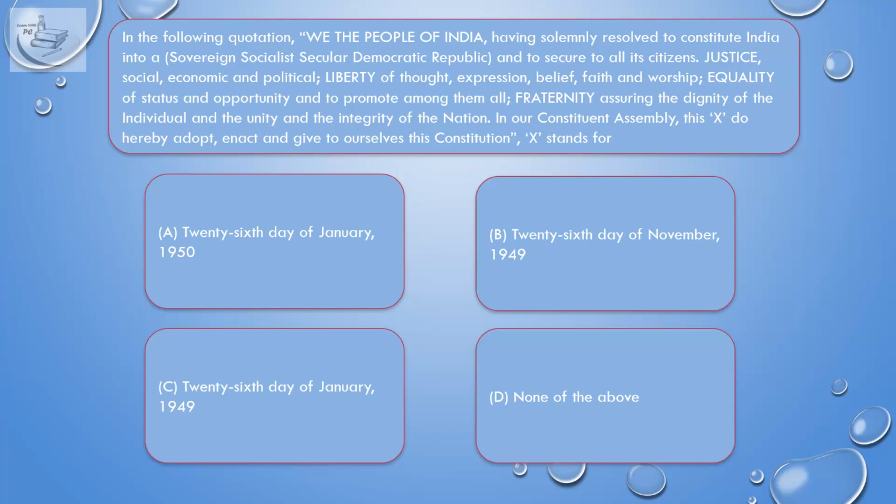In our Constituent Assembly, this X do hereby adopt, enact and give to ourselves this Constitution."